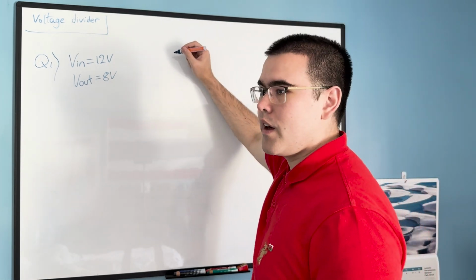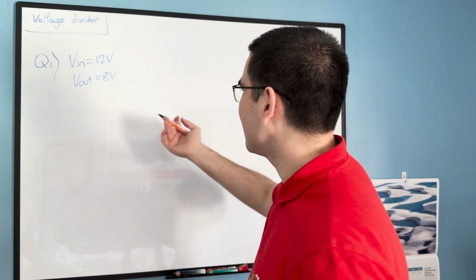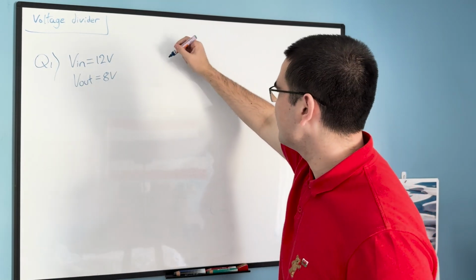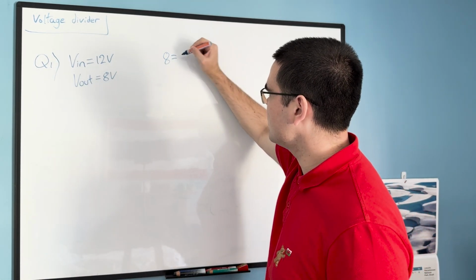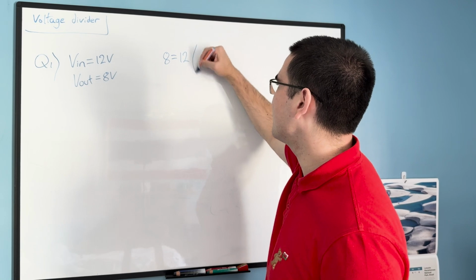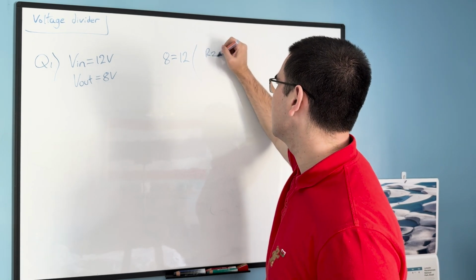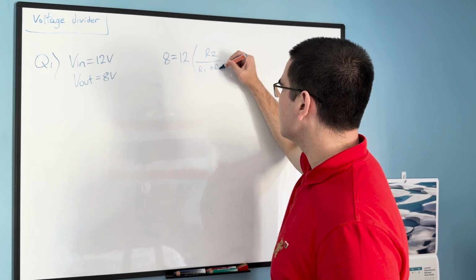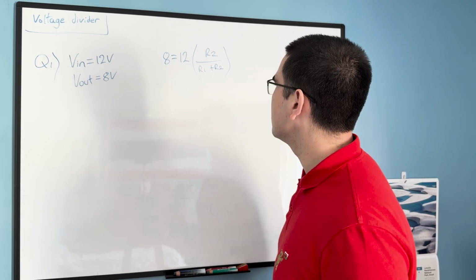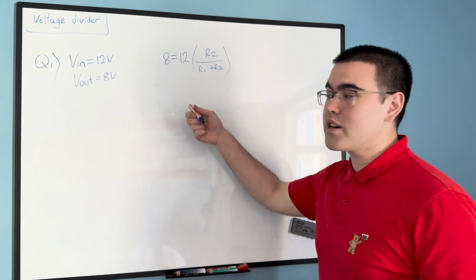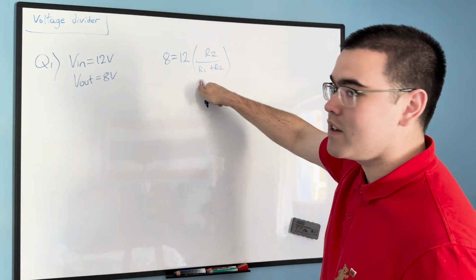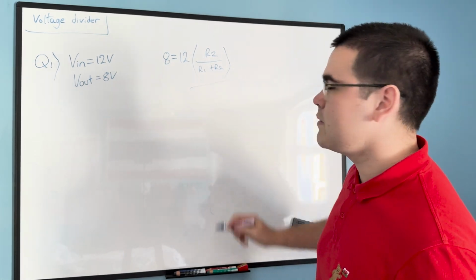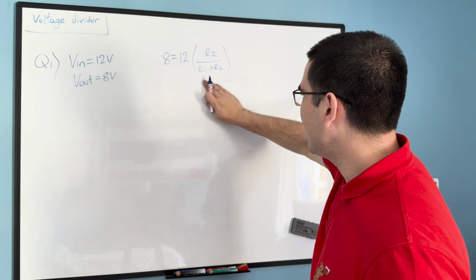So let's put that in terms of mathematical equations like we saw just now: 8 equals 12 multiplied by the fraction of the resistors, like previously discussed. By looking at this, we want this fraction to be equal to 2/3. So how could we do that?